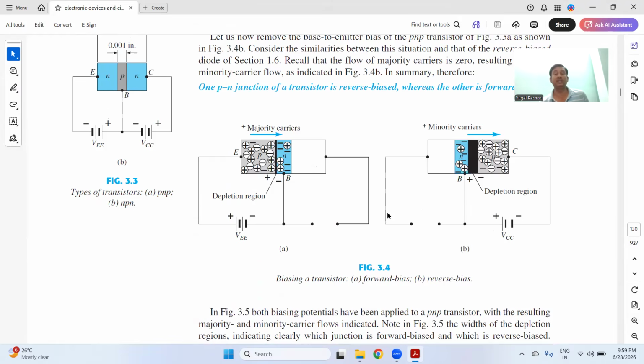But to understand the working of the NPN or the PNP, suppose this is the P, this is the N, and this is the P region.